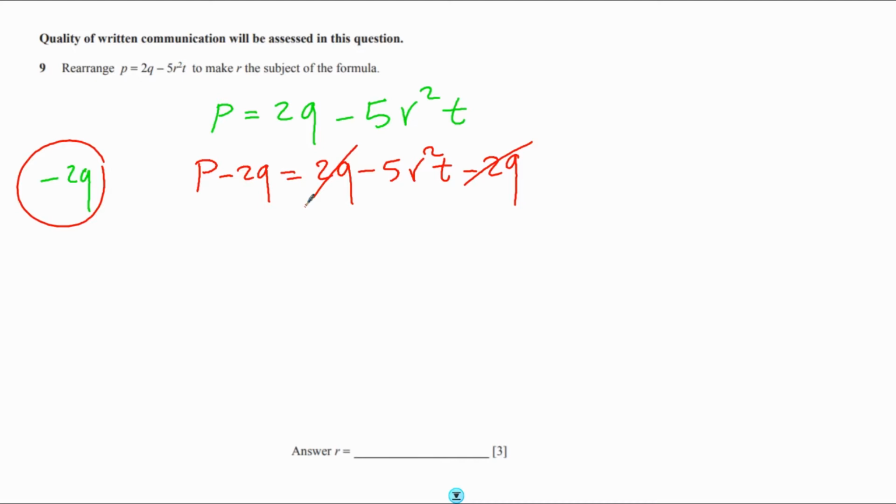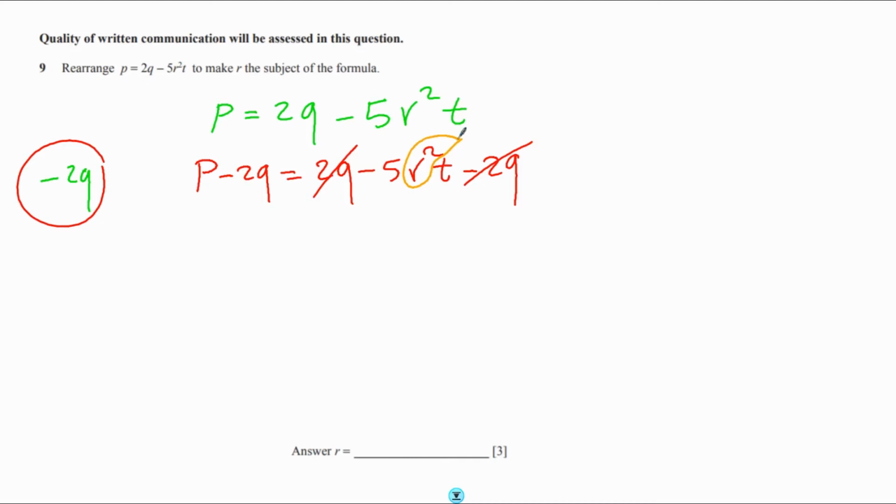And now to make r the subject, I want to look at what is with r squared. To have just r squared on the right hand side, I want to divide. The remaining elements here are minus 5t.